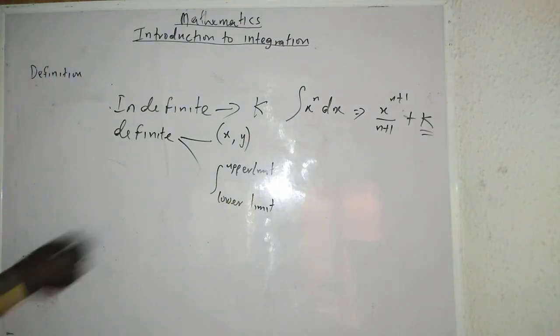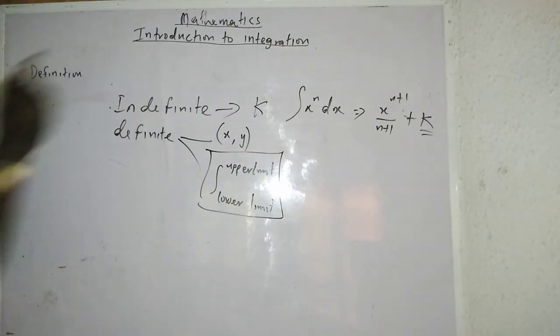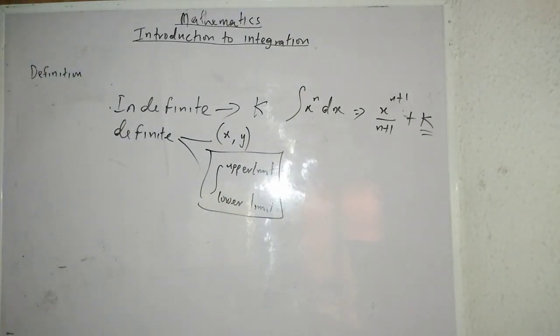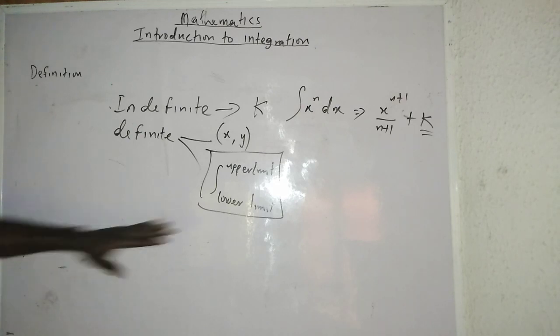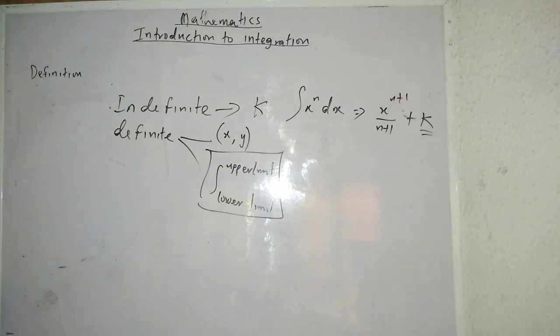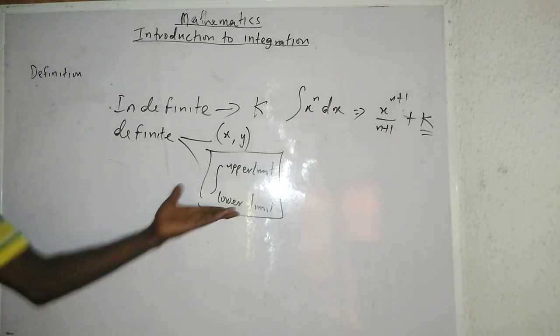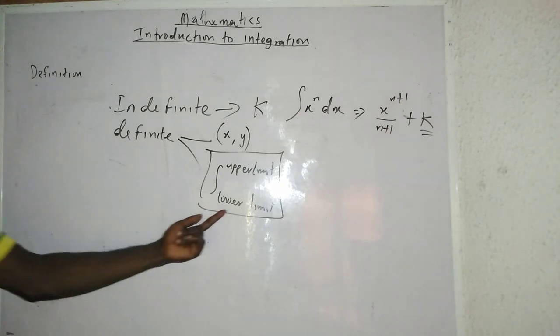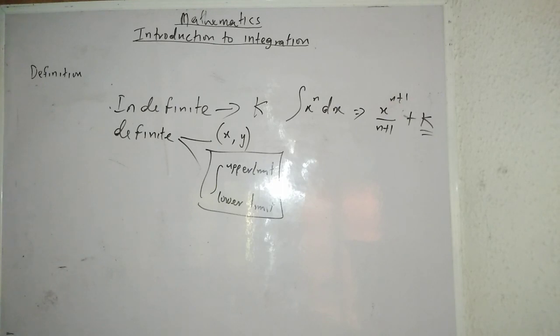This one is very common, I think, under real analysis. When we go to advanced mathematics, Riemann integral and so on, we will be working a lot on the Riemann integral, and also on the application part of integration. We will also be using this last part, the definite integral. Now, that is all about the definition of integration.